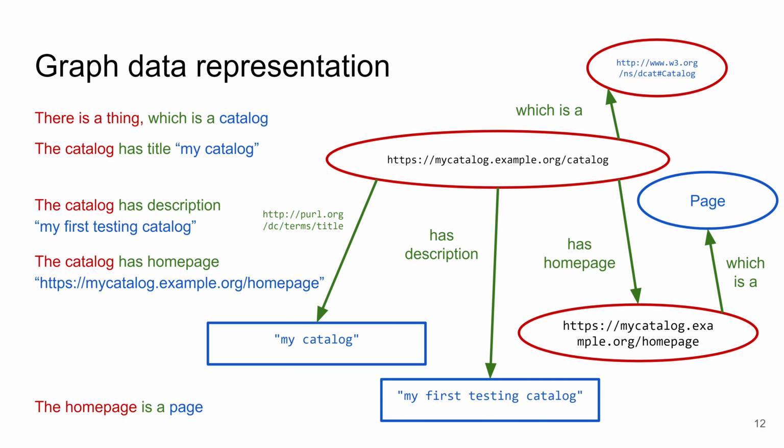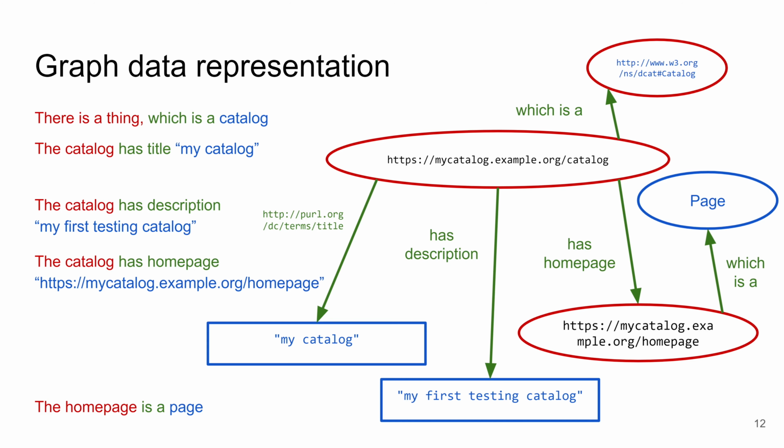And now the same goes for the edges. The edges, the properties, are also things, because we can point at them and say what they mean, what is their label, and so on. So instead of labeling the edges with text like before, we will label the edges also using IRIs. So that is what happened to the leftmost edge, representing the title of the catalog.